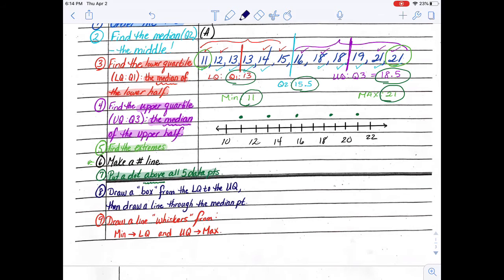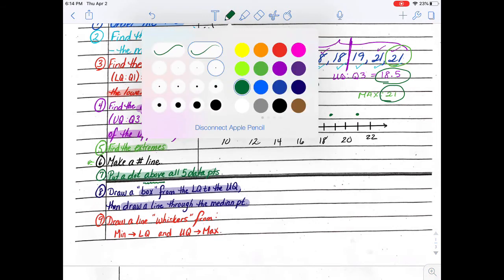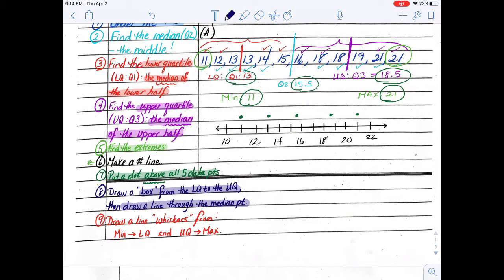Now my box actually goes from the lower quartile to the upper quartile, and then I'm going to draw a line down through the median. So if I go ahead to do this, my upper quartile and my lower quartile, remember, here's my lower quartile, here's my upper quartile, and what I'm going to do is make a rectangular box from the upper quartile to the lower quartile.